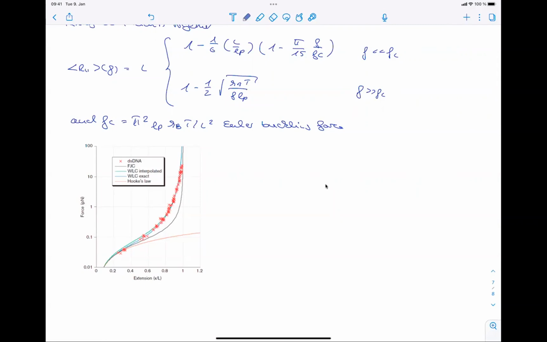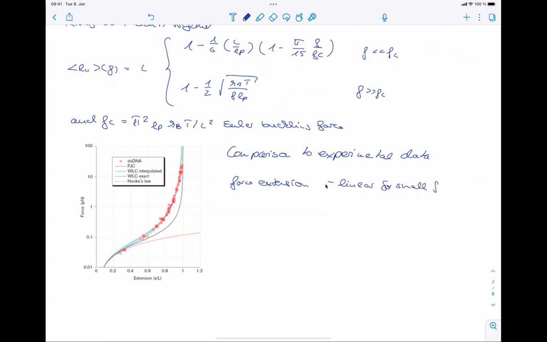So in comparison to experimental data, we find the force extension to be linear for small forces and quadratic for large forces.